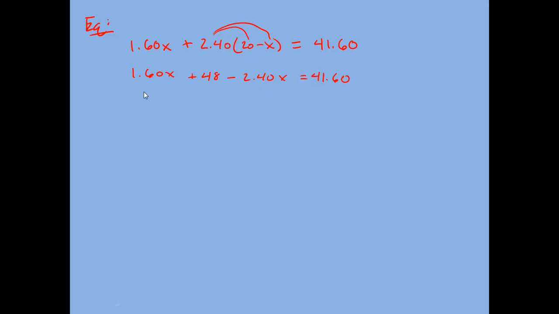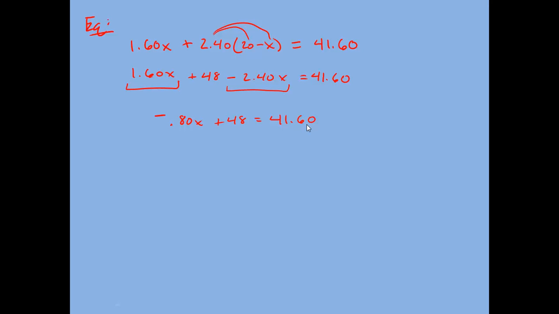Once we're here, we're going to combine like terms. So we're going to combine the 1.60x and the negative 2.40x. And 1.60x minus 2.40x gives us a negative, and the sign is important here. It gives us a negative 0.80x plus 48 equals 41.60.